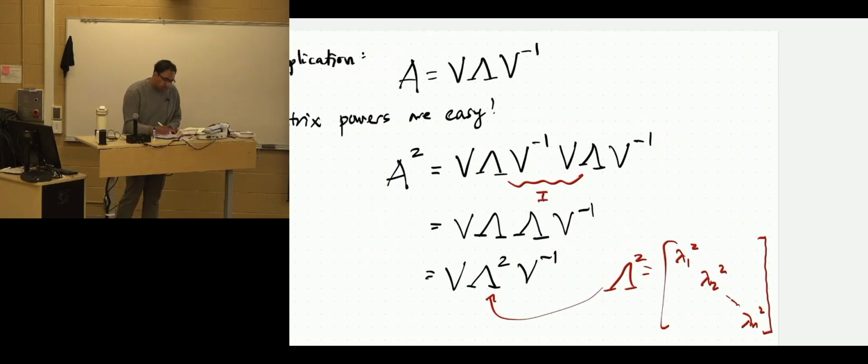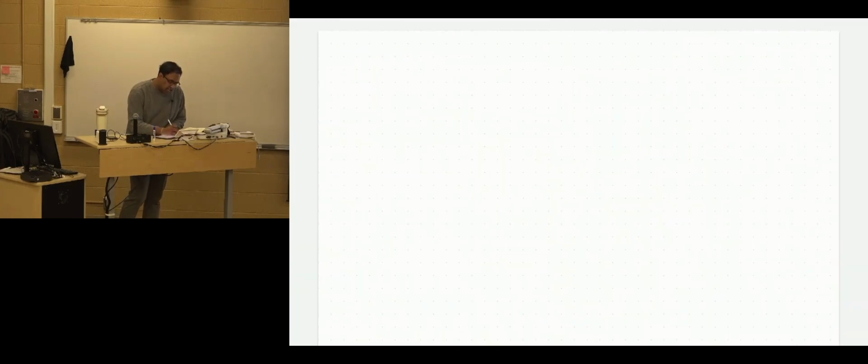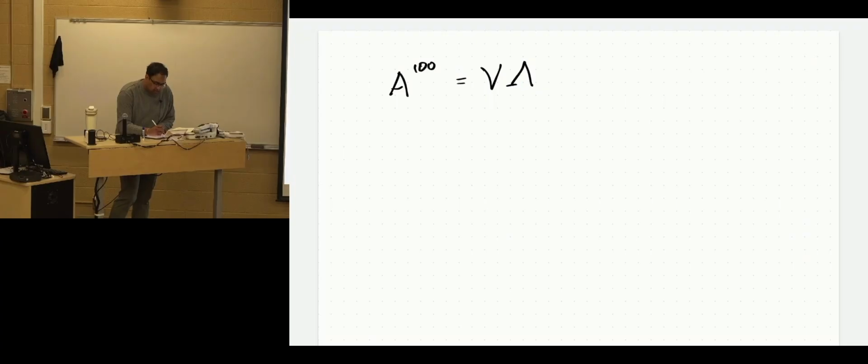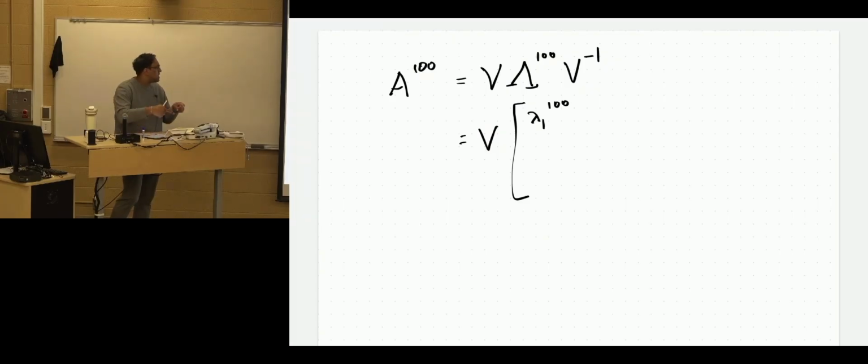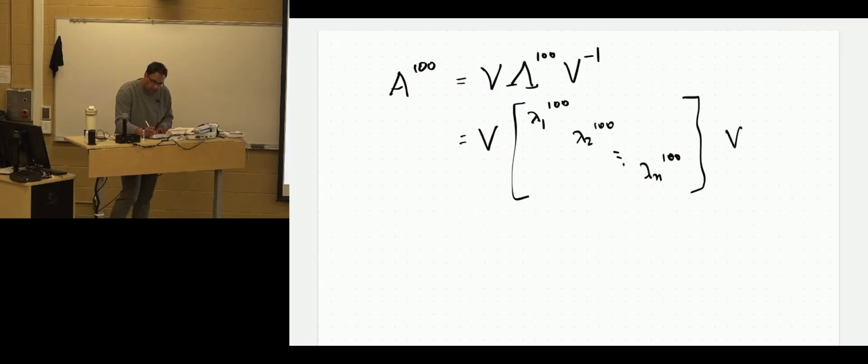So for example, if for some reason I needed to find A to the 100, well, that's filling in the pattern, V Lambda to the 100 V inverse. So all you really need to do this are the eigenvectors and eigenvalues of A, and then with just one matrix multiplication, or two, V times Lambda, and then Lambda times V inverse, you can calculate that power.